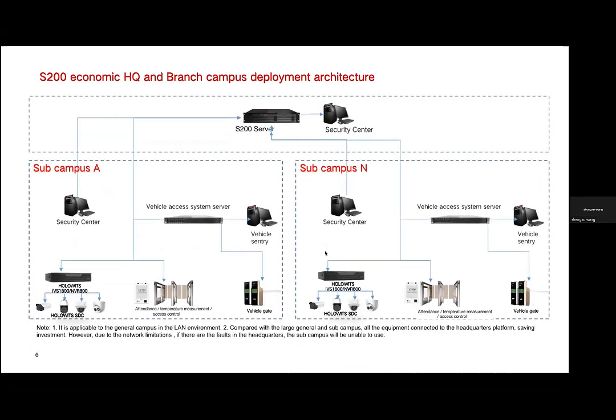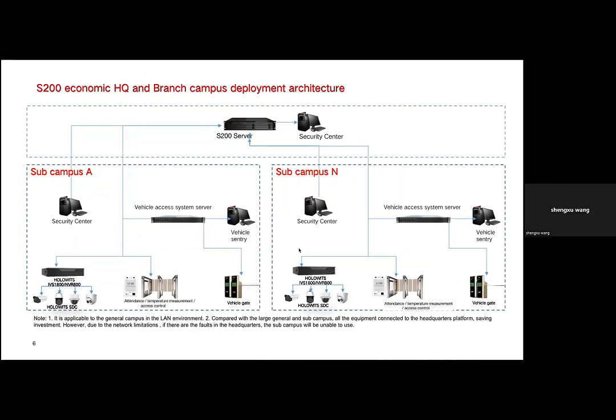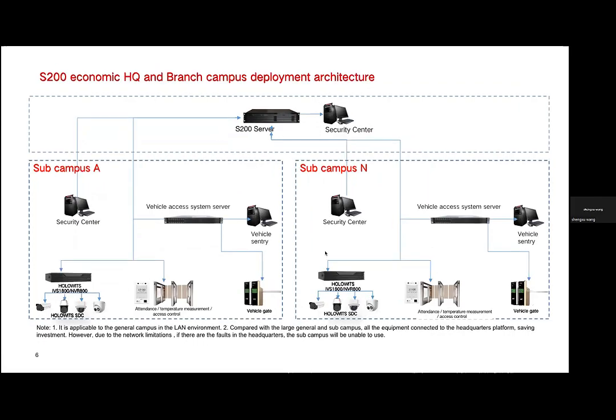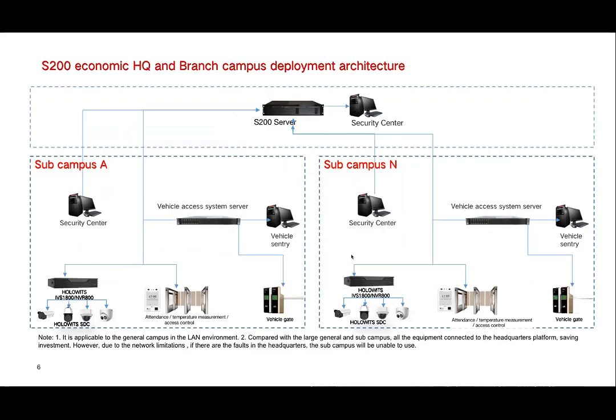And if the subcampus network is connected to the headquarters, then this structure is a very economic deployment. That means there's no need to deploy the S200 server in the subcampus.